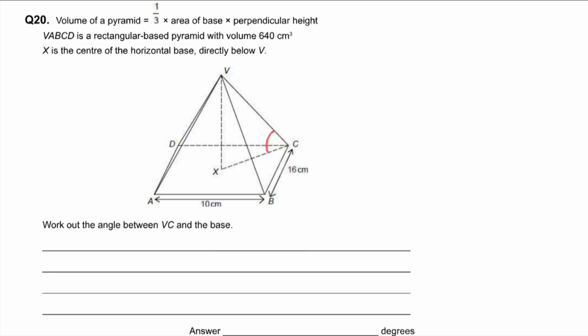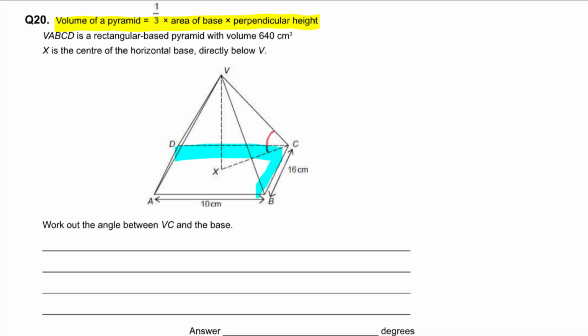Okay, right, what do we know? We've got the formula for the volume of a pyramid. I'm sure that's going to come in handy. And we know that the rectangular base is 16 by 10. So we know the area of this base, don't we?